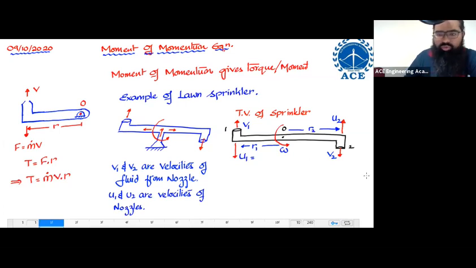From basic mechanics, we know that if you have angular velocity omega and certain radius, then the value of velocity has to be equal to radius times omega. Similarly, U2 should be equal to R2 into omega.